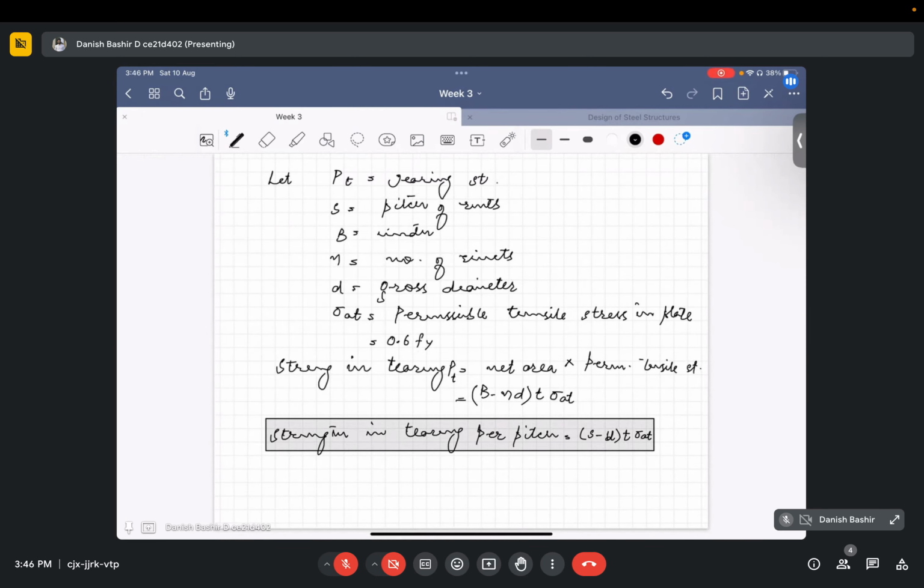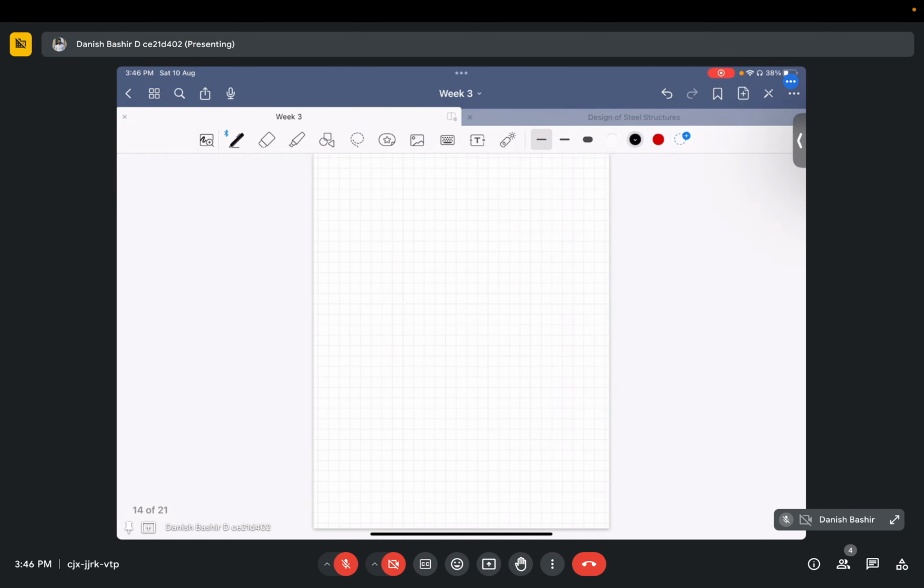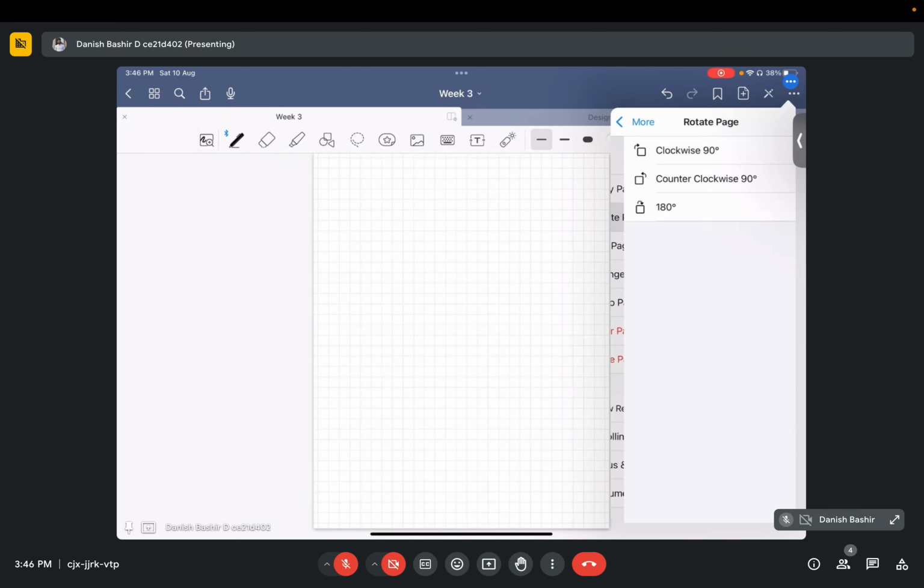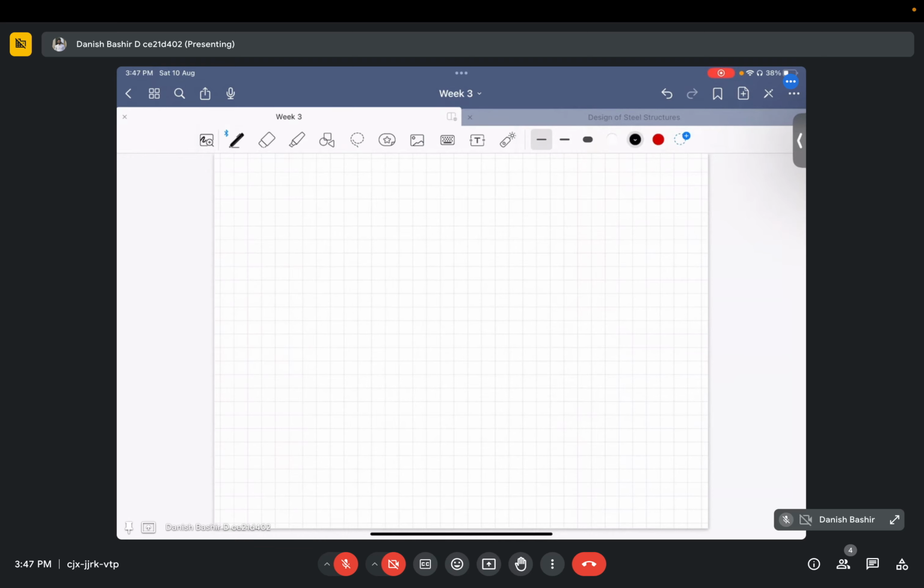Then moving forward, we have rivet value, RV. What is this rivet value?